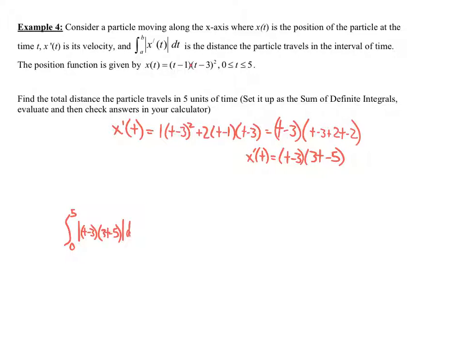Now, why is it helpful in this absolute value to leave it factored initially? Find the zeros, okay? Because we have to find which part of this is negative so we can force it to be positive. All right? Now, it's nice, this one's a quadratic. But they said total distance, not displacement. That's true. That's why we found the velocity. X prime of t is our velocity.